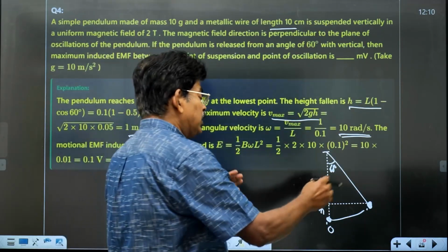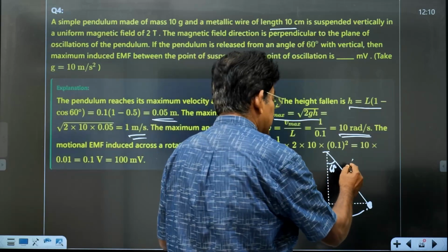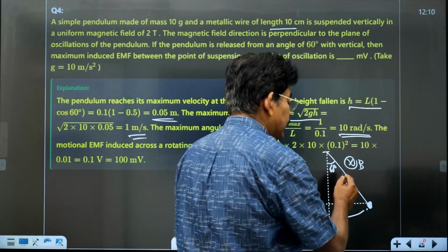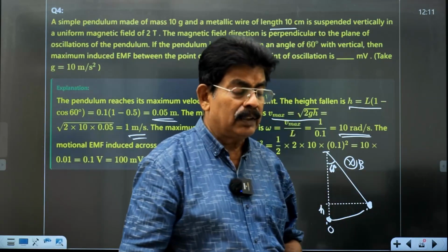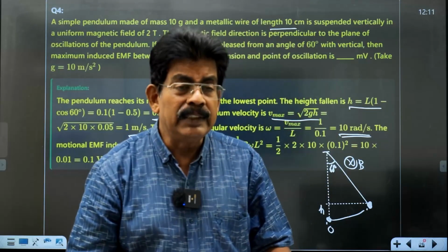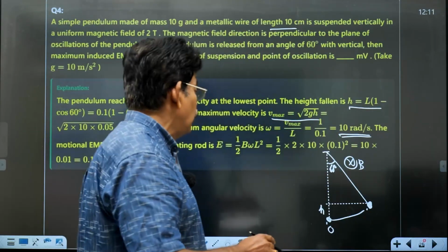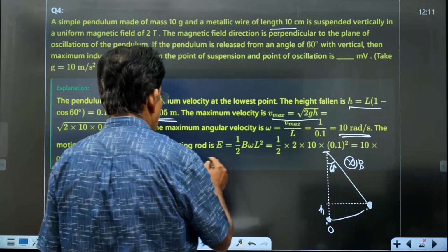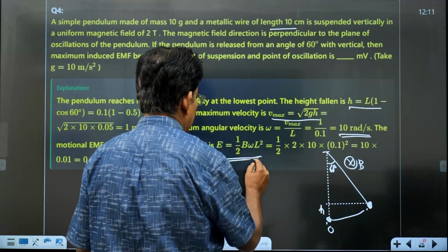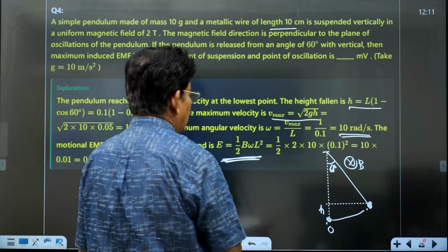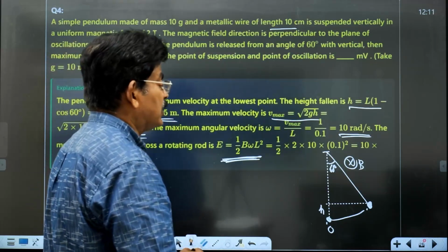Now, as it is moving, there is a magnetic field, getting into the plane of the magnetic field. In the case of a rod rotating about one end, the induced EMF is given by half B omega L square.